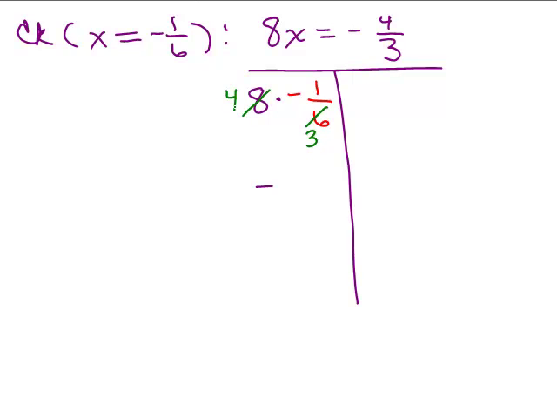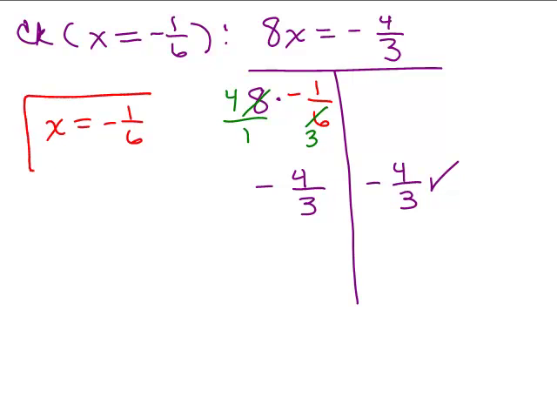So I end up with 4 in the numerator, because this is really over 1, right? Negative 4/3. And on the right-hand side, I have negative 4/3. So it checked because when I plugged in negative 1/6, I got the same answer. So that means x equals negative 1/6 is the correct answer to this equation.